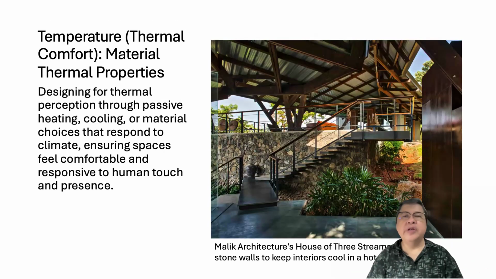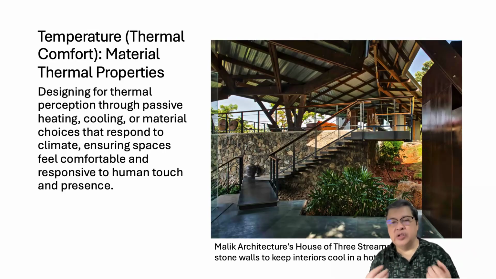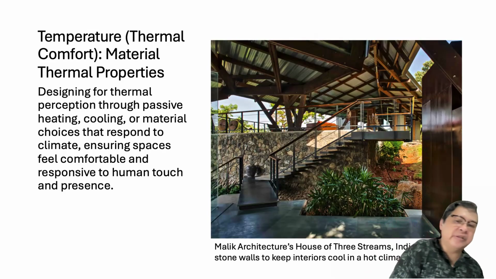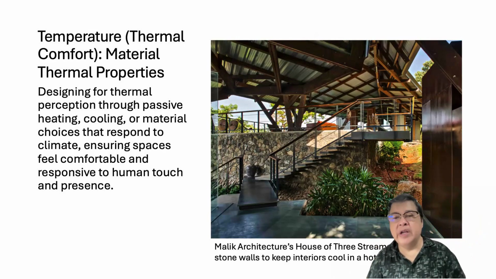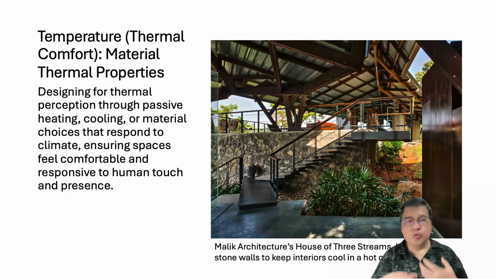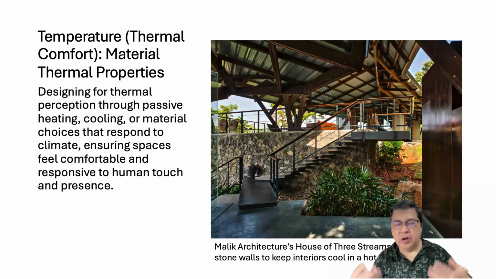We are now going into the fifth principle, which is temperature, thermal comfort. Here we focus on material thermal properties. For Malik Architecture's House of Three Streams in India, the stone walls keep interiors cool in a hot climate, which helps with temperature control, or comfort in terms of thermal comfort.